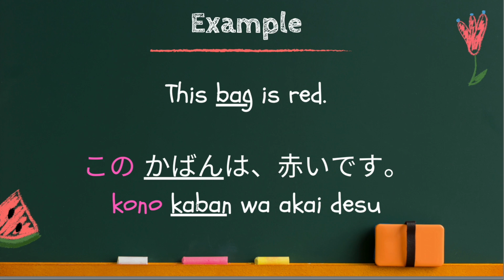You cannot say これカバン. That doesn't work because これ has to be used by itself. これ isn't followed by a noun. But この has to be followed by a noun like this. このカバン. So この is always with a noun.